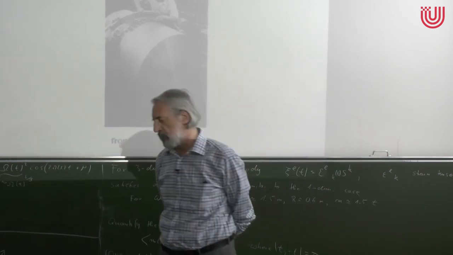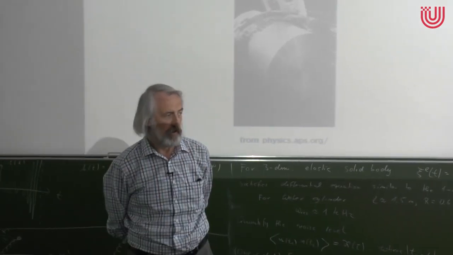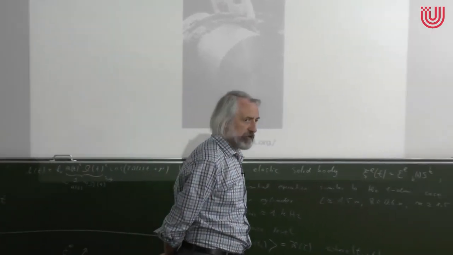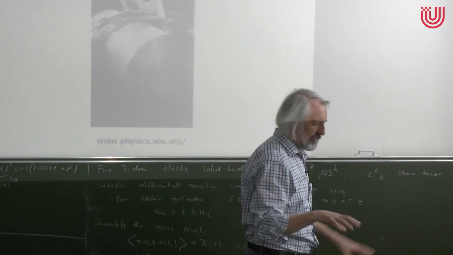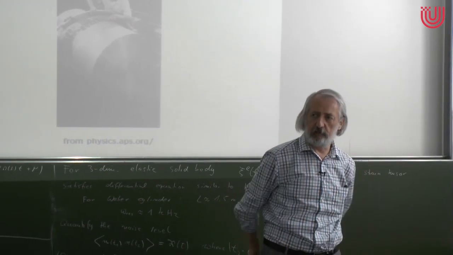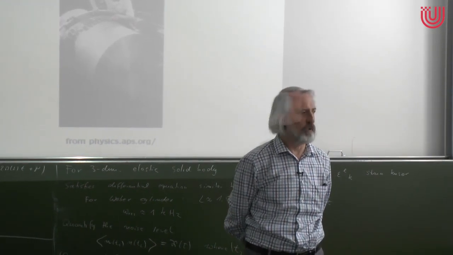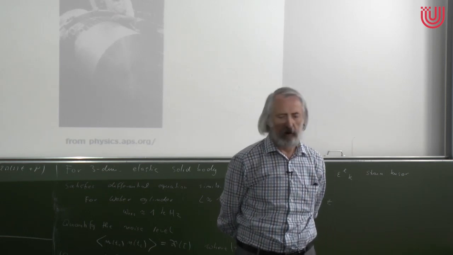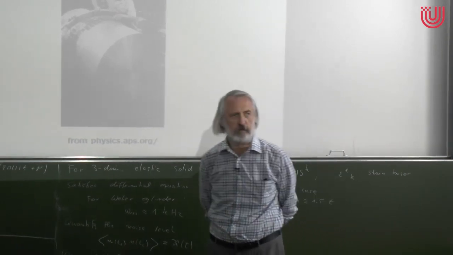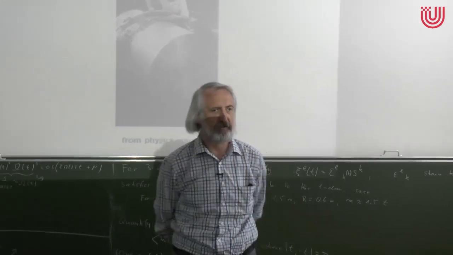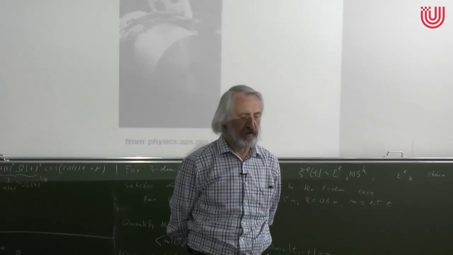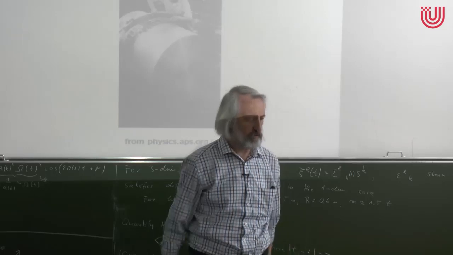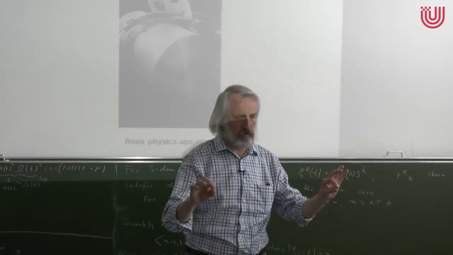So what he did was he convinced NASA to send a gravimeter, an instrument which measures changes in the gravitational field, to the moon with the Apollo 17 mission. And unfortunately, the instrument didn't work well. It failed. So he put such an instrument on the moon. In essence, it was just a spring balance.